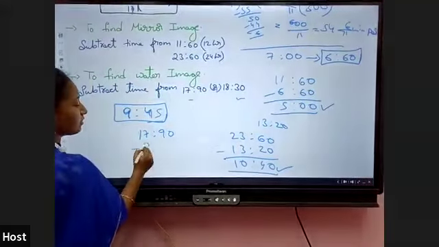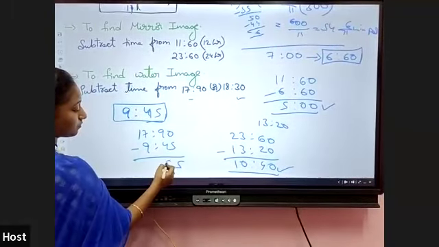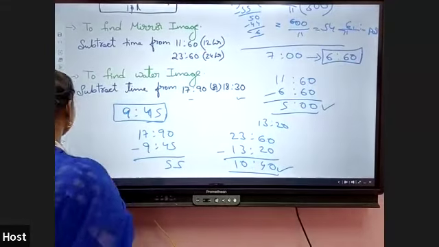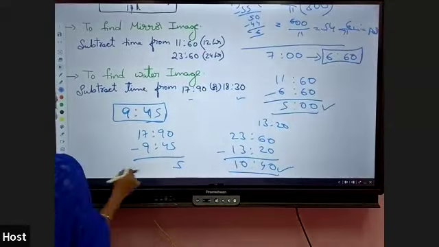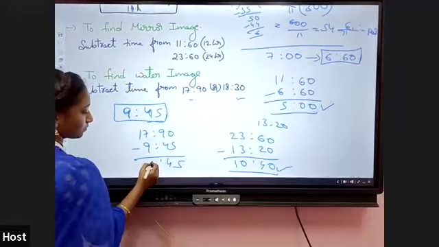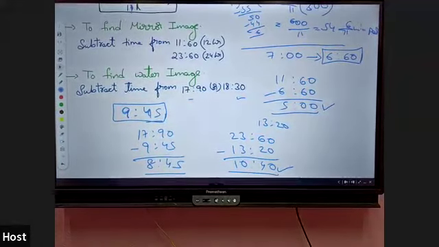So 17:90 minus 9:45. So 8:45 is the water image for the given time.